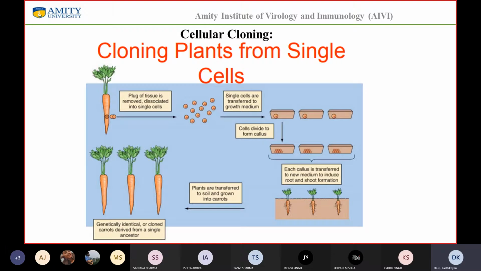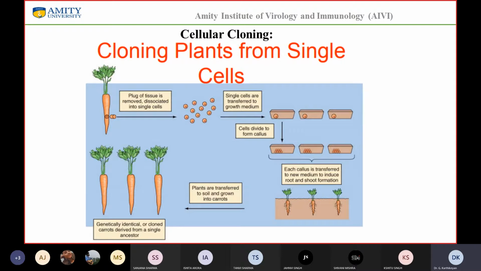In the case of a carrot, a plug of tissue is removed and disassociated into single cells. These single cells are transferred to different growth medium where they divide to form callus, right? You don't call this callus in animal cell culture, so the terminologies are a little different between plant culture and animal culture.